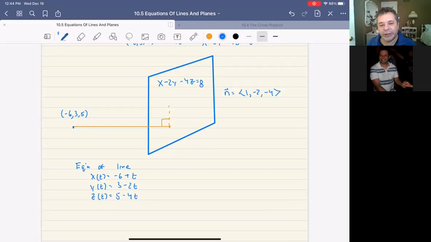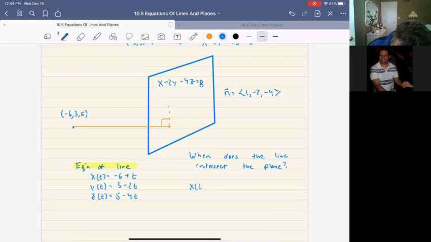Now we've got to find out when this line intersects the plane. So that means we're going to have x of t minus 2y of t minus 4z of t equals 8.